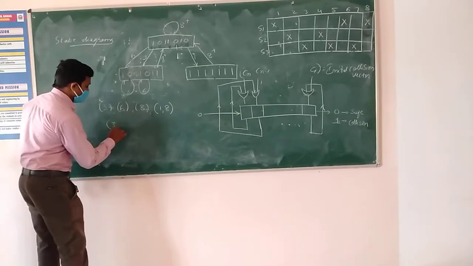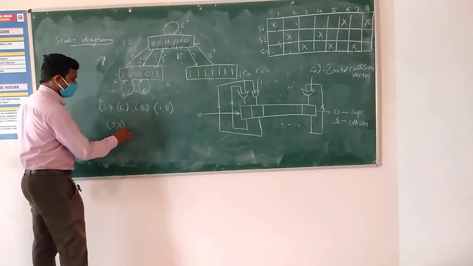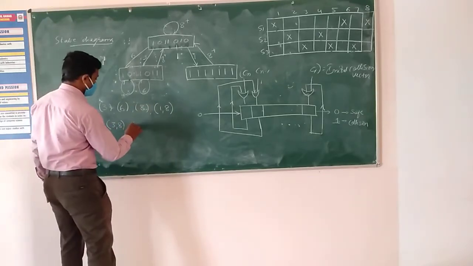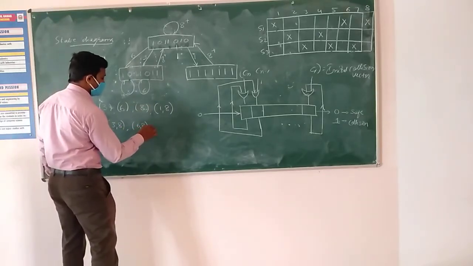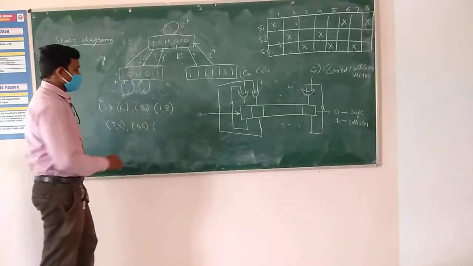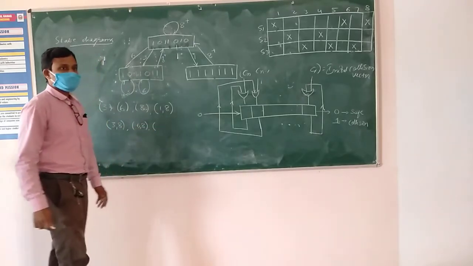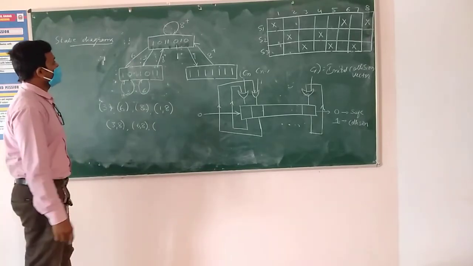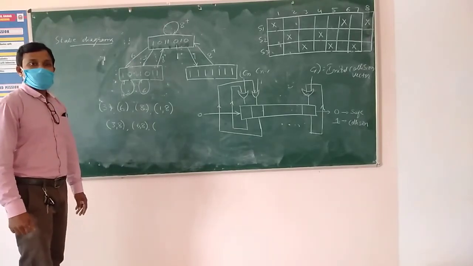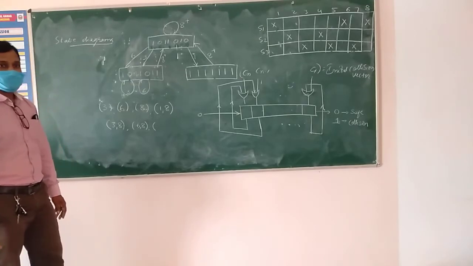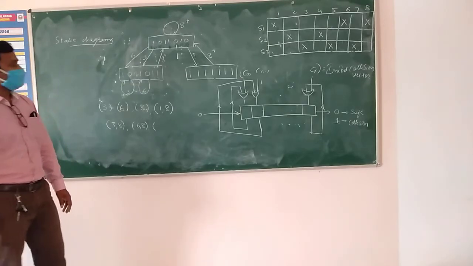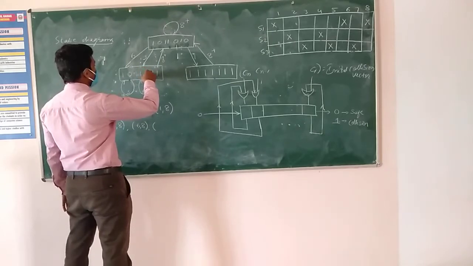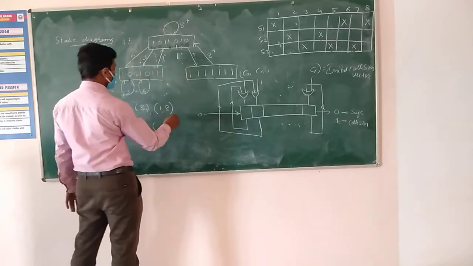Therefore, can you tell a few more cycles? 3, 8. Vishal, one more cycle. 6, 8. Others? 1, 8 is done. Where is 4? 4 is a forbidden latency. 3, 6.